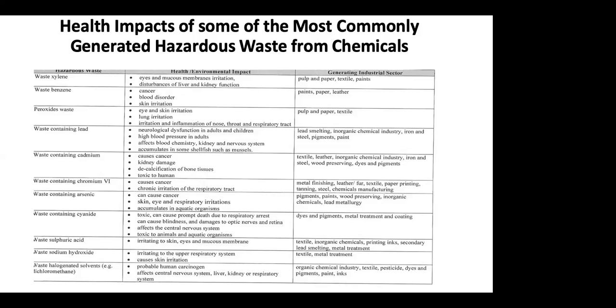And it accumulates in aquatic organisms. Now, you discover that these heavy metals are very difficult to deal with. They are not biodegradable, right? So it is better for them not to even become waste, because managing them as waste is a problem. That is why it's very, very dangerous.